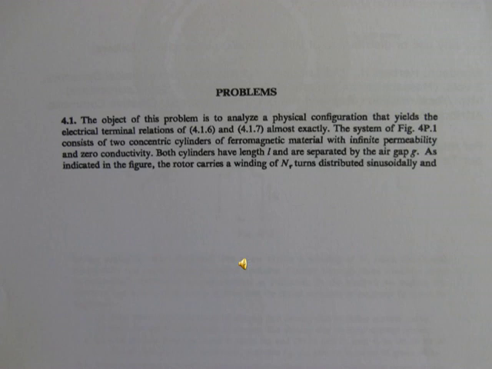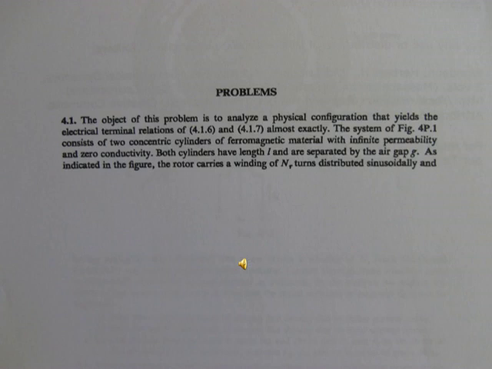In part B, we have to determine the radial component of the air gap flux density due to the rotor, so we write down the air gap flux density equation. The radial component is BRR of psi equal to mu 0 NR IR cos of psi minus beta divided by 2G. This is for the rotor component.